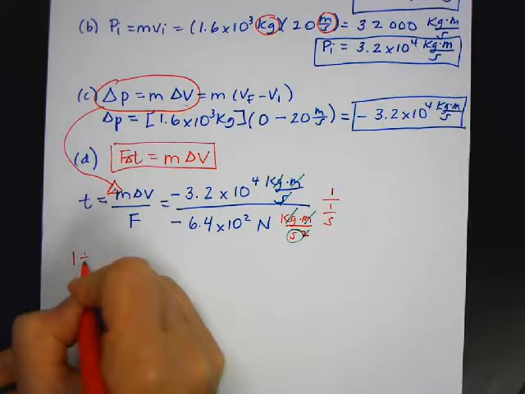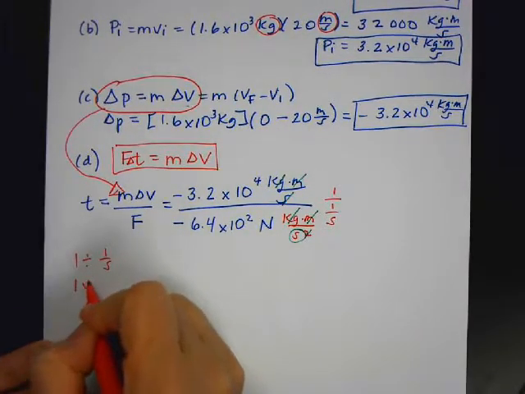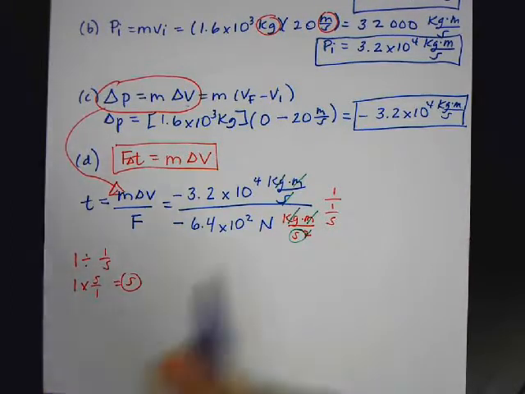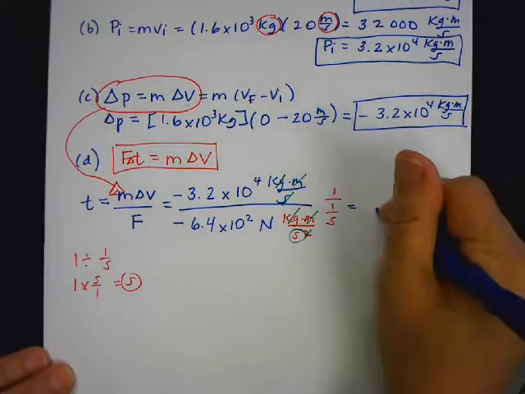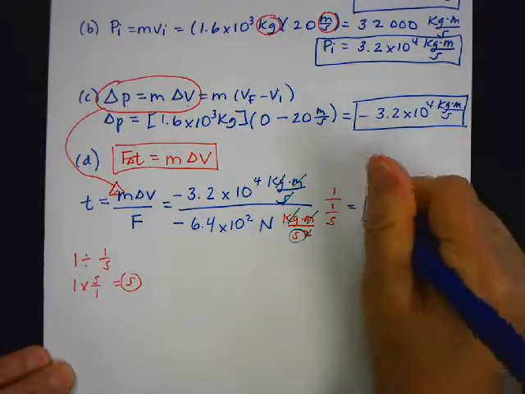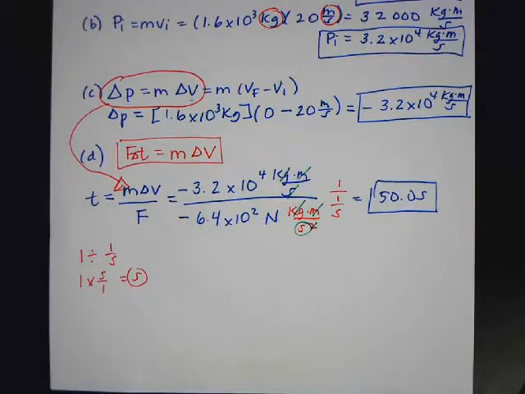So 1 divided by 1 over a second is the same as 1 times a second over 1. So it comes out to be a second, which is the correct unit for time. So t comes out to be 50 seconds. So again, if I carry my units through and cancel them, I have a foolproof way to check my work in physics. And that's what makes physics so easy. You always have ways to check your work.